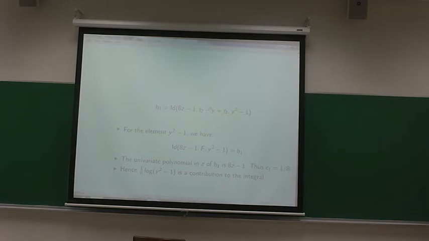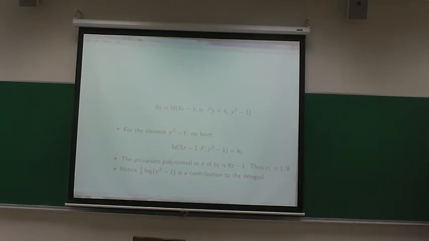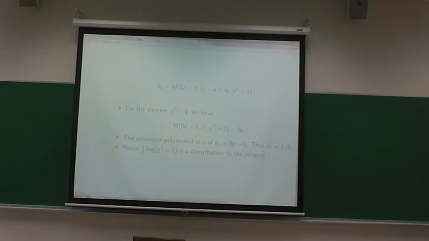So we apply this procedure. We get H1 is the ideal of 8z minus 1, t2 minus y plus t1, y squared minus 1, and then we see that for the element y squared minus 1, we have that the ideal of 8z minus 1, f, y squared minus 1 is equal to H1.